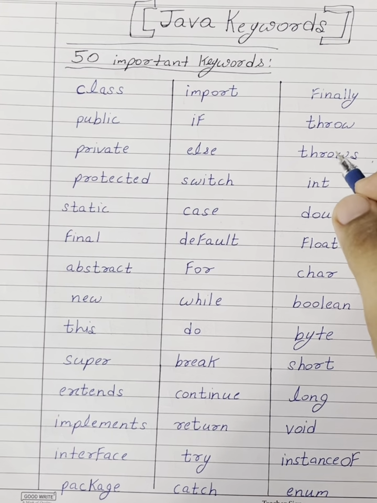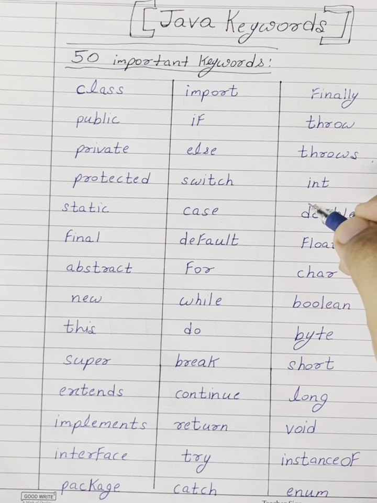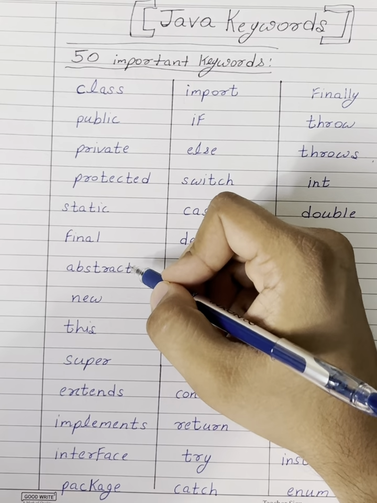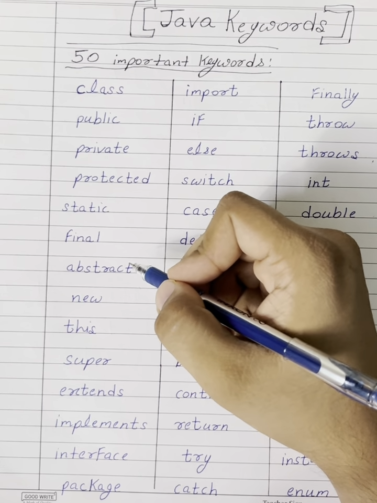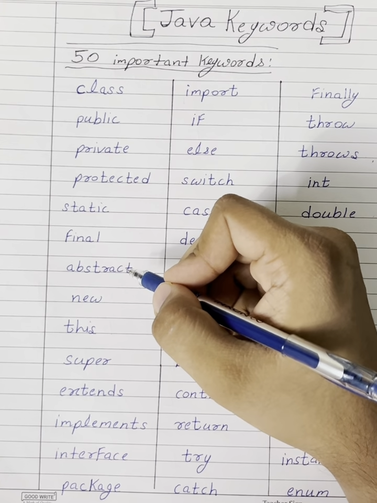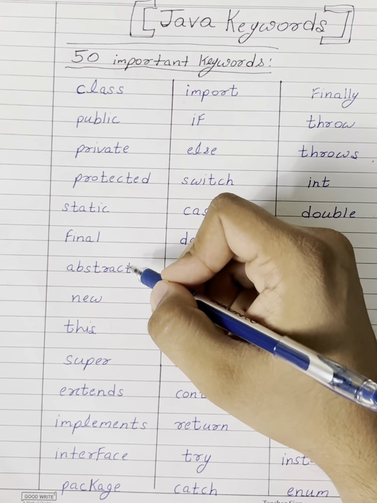Remember that. And the primary purpose of the abstract keyword is to achieve abstraction, which helps in hiding the implementation details and exposes only the essential information in front of the user.